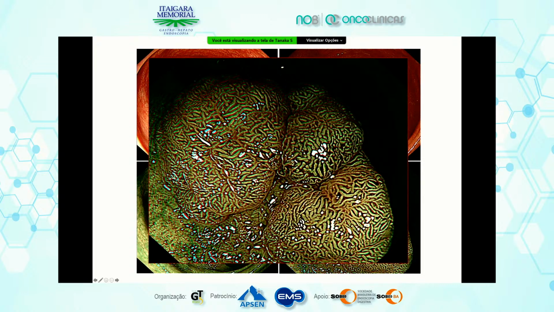You can see the regular pit-like pattern as a IIIL pit pattern in indigo carmine dye-spraying magnification. Please remember this regular structure. It is necessary to compare with irregular patterns later.